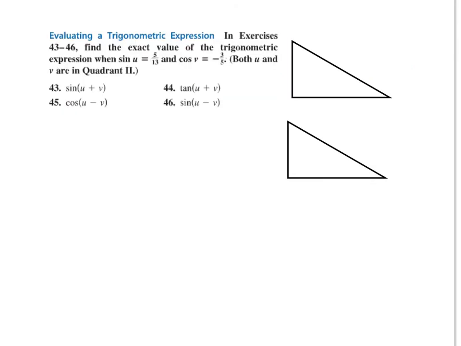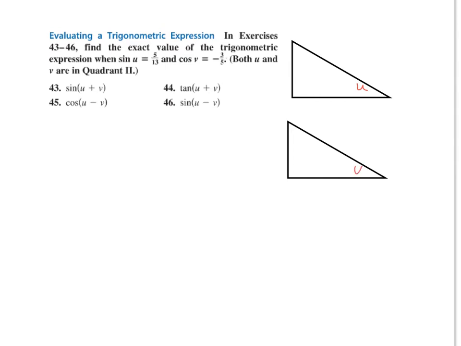Let's look at this problem. In exercises 43 to 46, find the exact value of the trigonometric expression when sine u is equal to 5/13 and cosine v is equal to negative 3/5. Both u and v are in quadrant 2. So what I've done here is drawn two second quadrant triangles. I'm going to put u in the first one and v in the second.